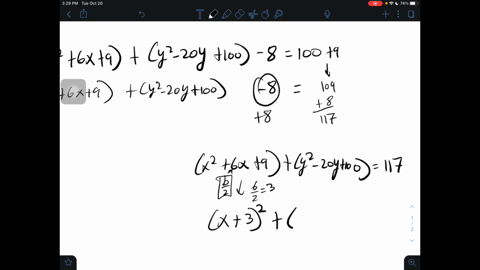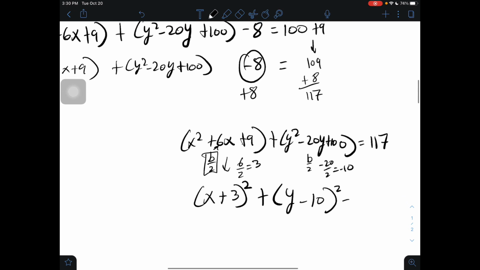That's going to be added to y, and then remember, we're doing the same thing we just did with our x values with our y values. So we have y, and then we're going to add our b over 2, which was negative 20 divided by 2, which is negative 10. So we're going to subtract 10, and then we are going to square it.